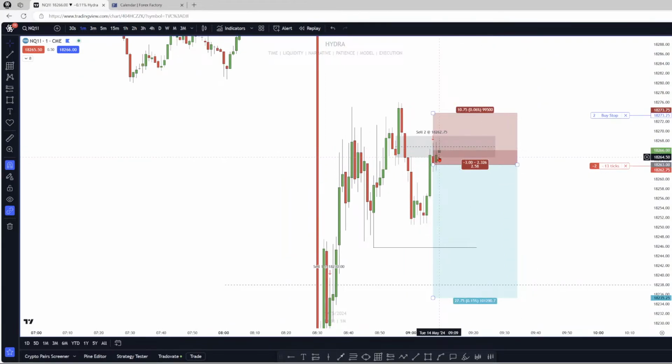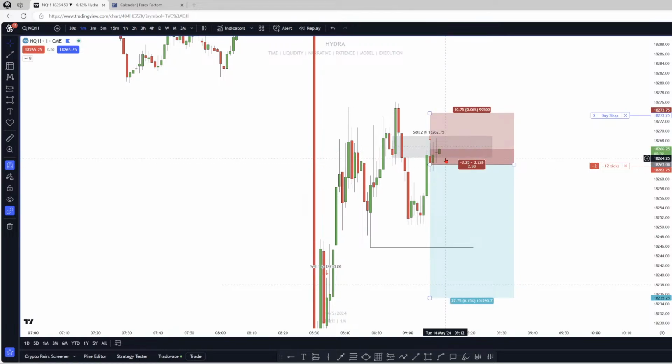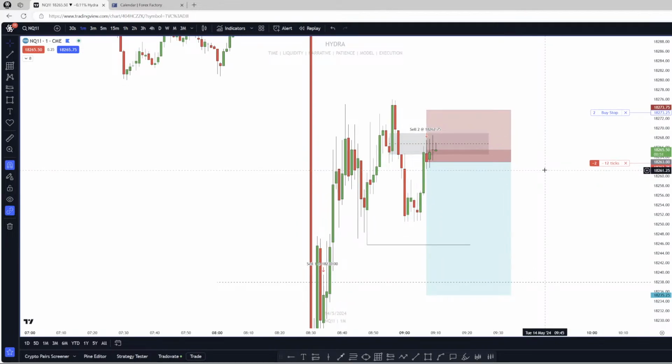I'm watching and looking at how these candle bodies are closing. So far, wicks are respecting the mean threshold of this breaker block, right?